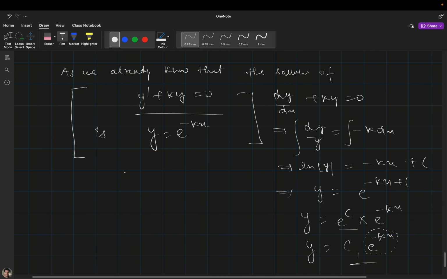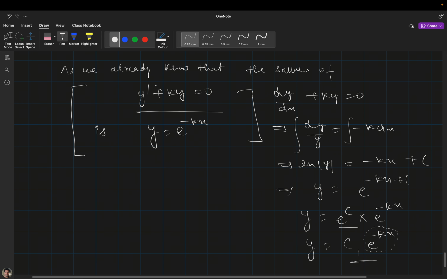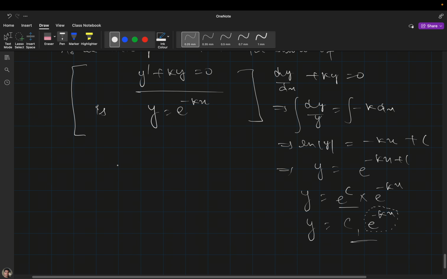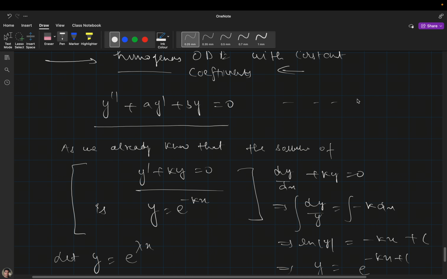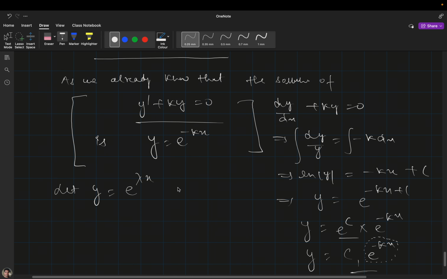So if the solution of this differential equation is this, then similarly I will assume that y equal to e raised to the power lambda x is a solution of this differential equation.